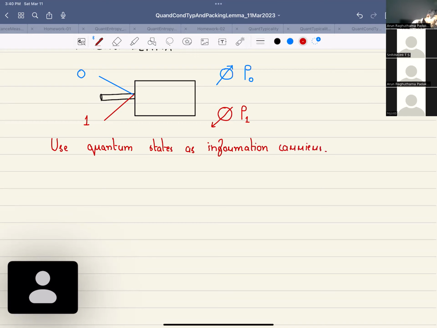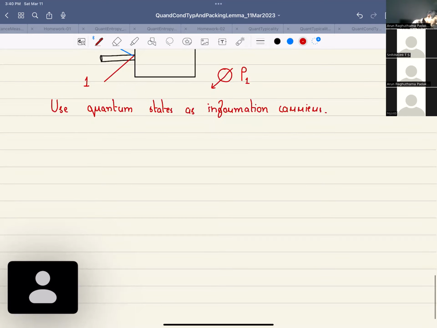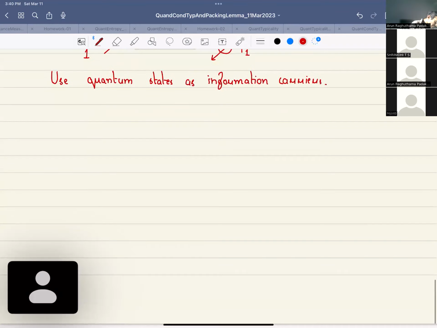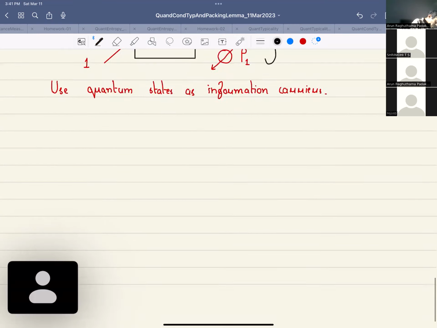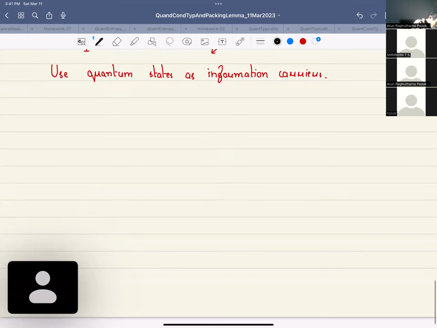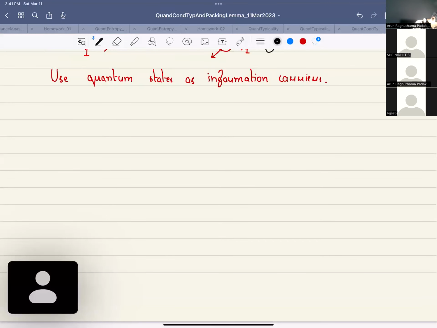So I'll give you the setting. I will describe the problem, and it will be very similar to what I've described to you informally for some of you, but I'll do it formally here. So you're going to use these prepared quantum states as essentially information carriers. I'll state the setting.